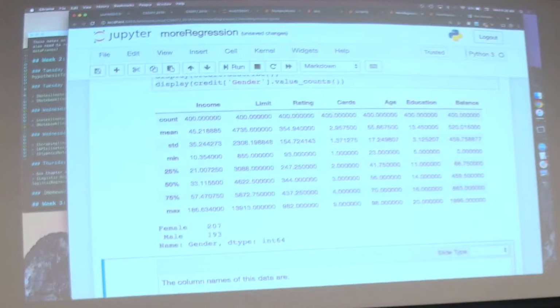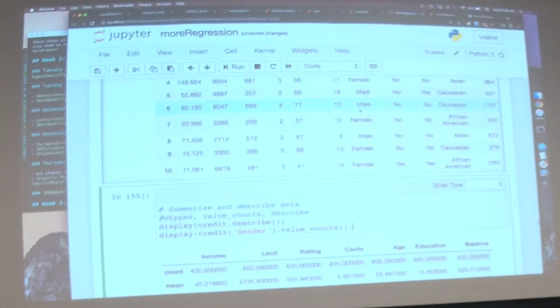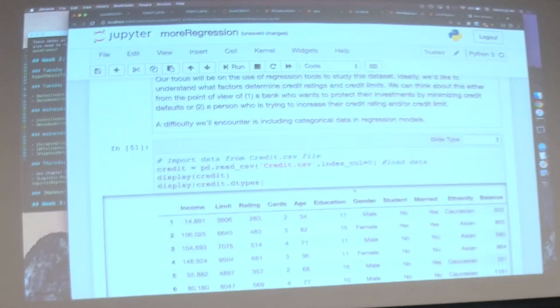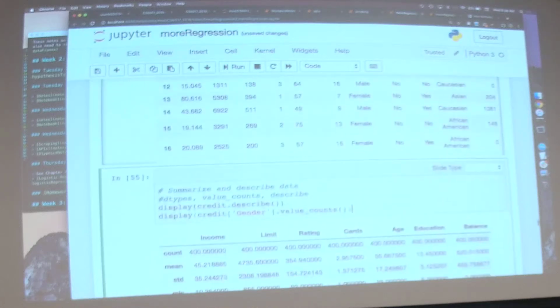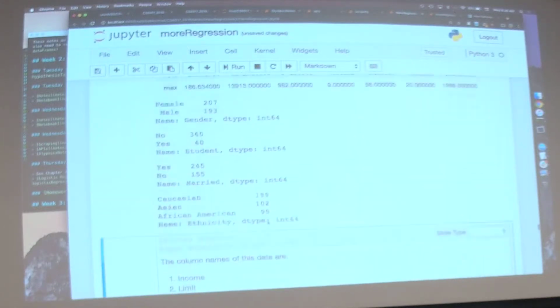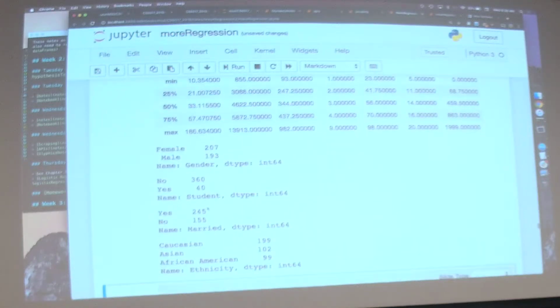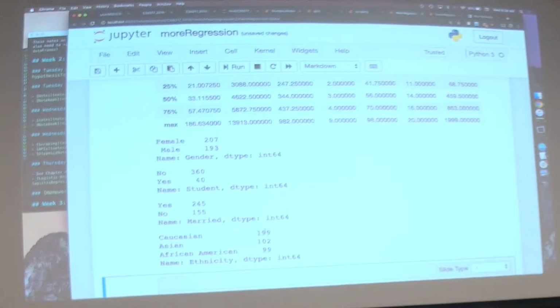Our gender looks like we have a pretty close to even split of men and women. And it looks like we don't have that many students, a lot of married folks, and mostly white people.